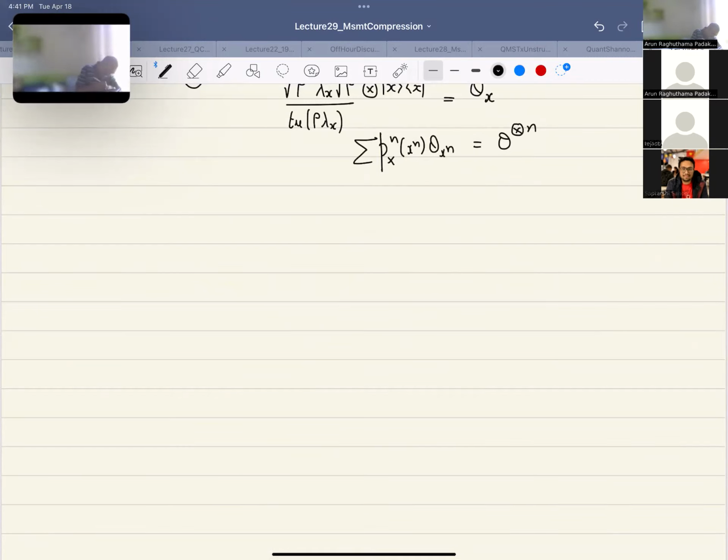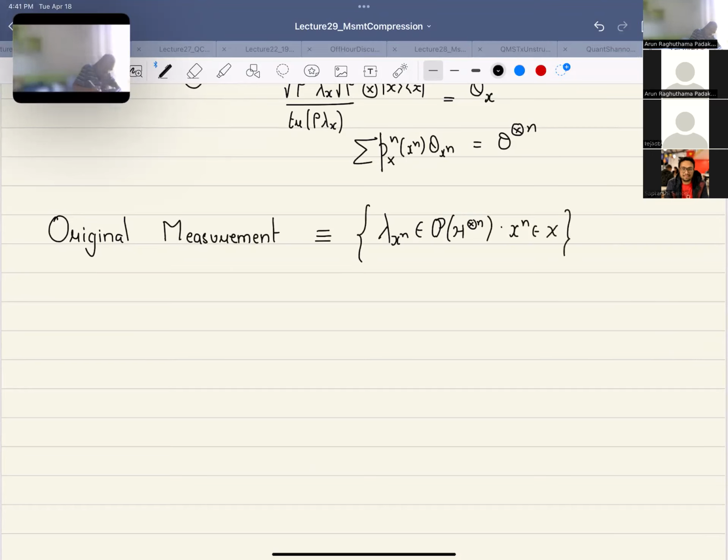So the idea is, the original measurement, what is the original measurement? The original measurement is just Lambda_{x^n}. This is your original measurement.